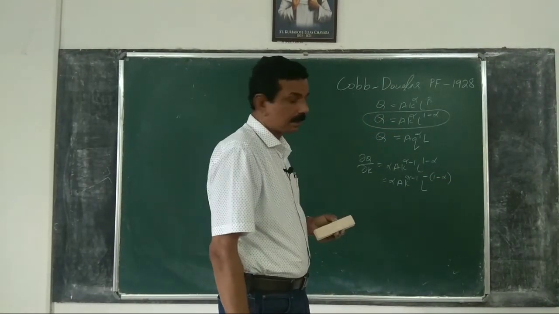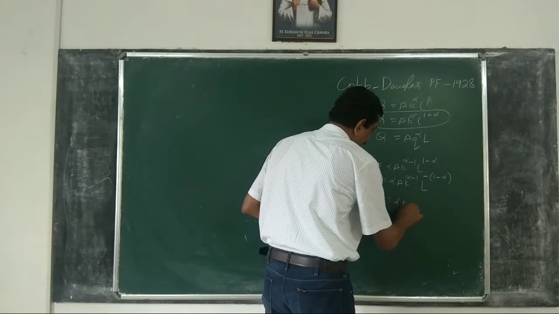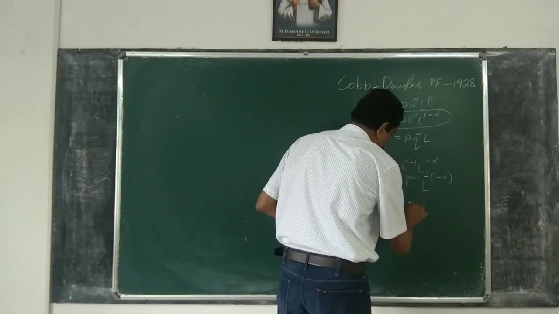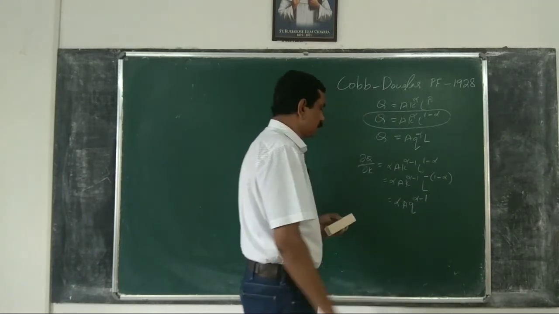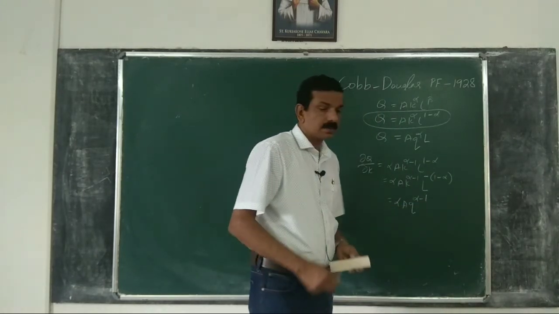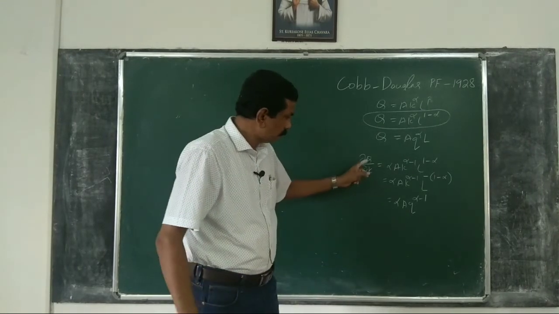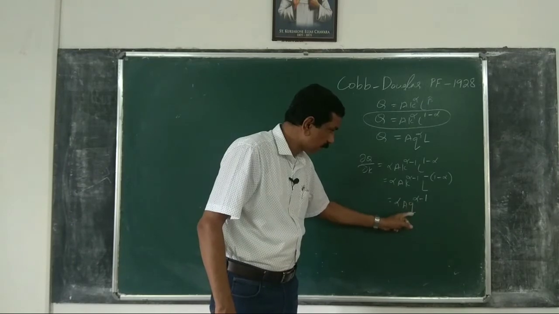So this is equal to alpha A, then K by L raised to alpha minus 1. Alpha A Q raised to alpha minus 1. So the marginal product of capital is a function of K by L alone.